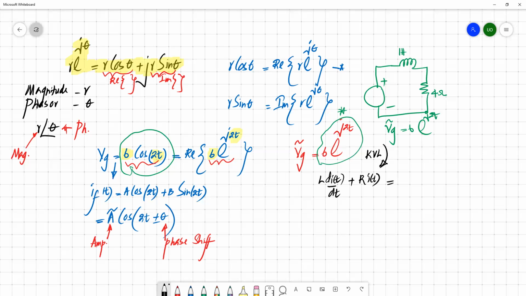These two voltage drops sum to 6e to the power j2t. If you substitute values, we end up with this kind of differential equation. Okay, so this is the differential equation. This is the force term.